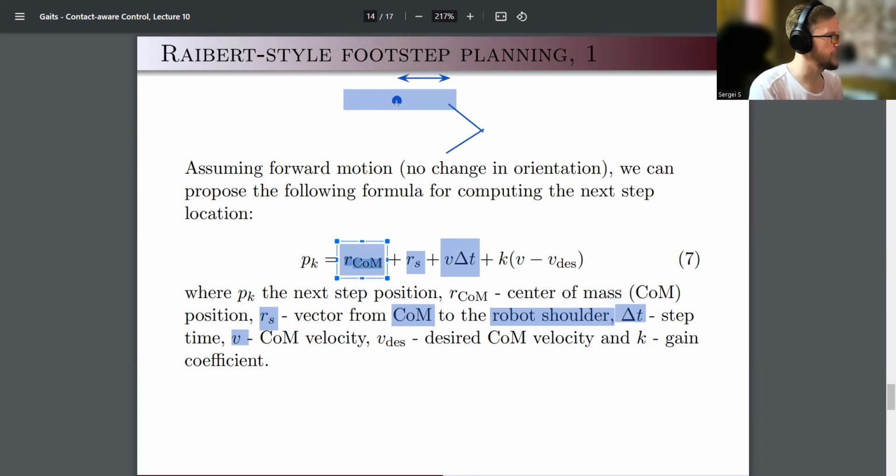Current location of the center of mass, plus the distance from there to the shoulder, plus the velocity of the center of mass times the time. So, let's say you go at 1 meter per second and your step duration is 1 second. It means step 1 meter forward.